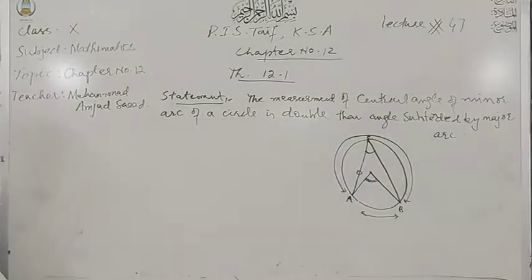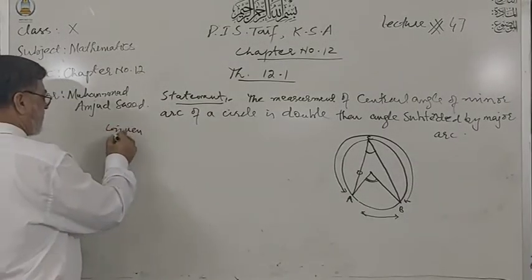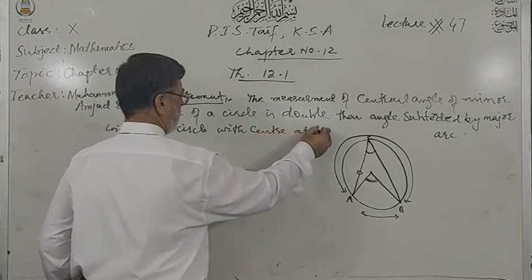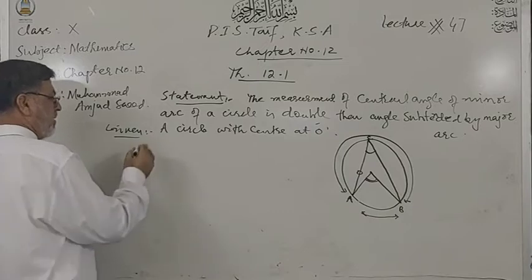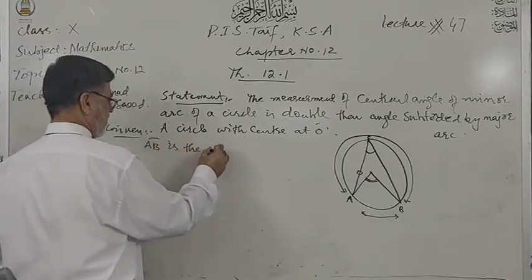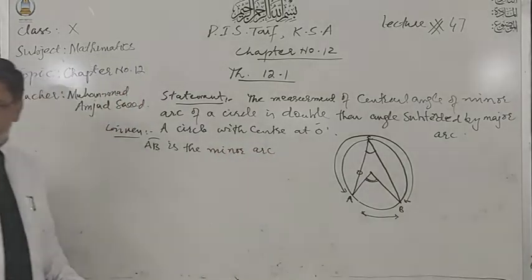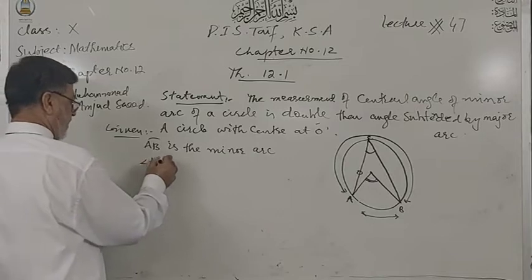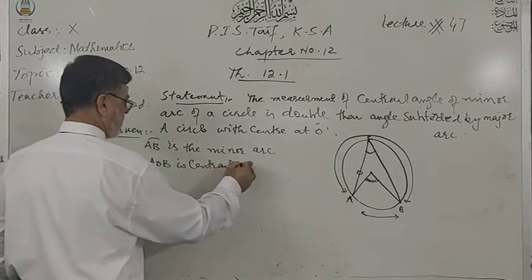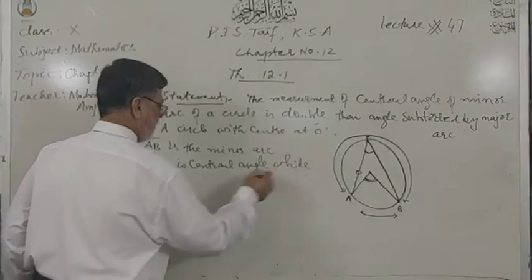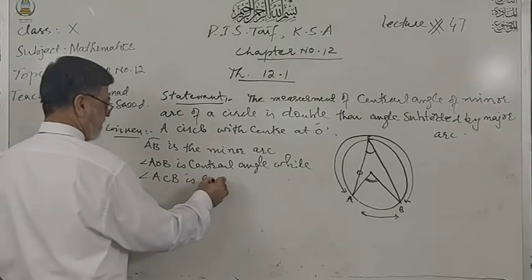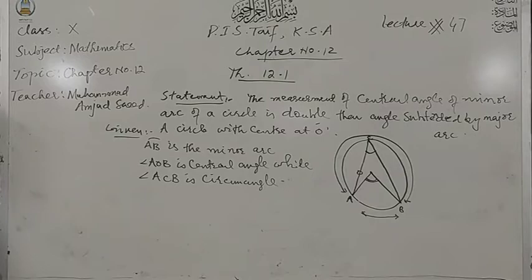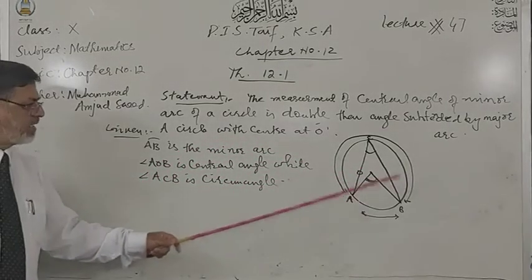So what is given? A circle with center at O. AB is the minor arc.